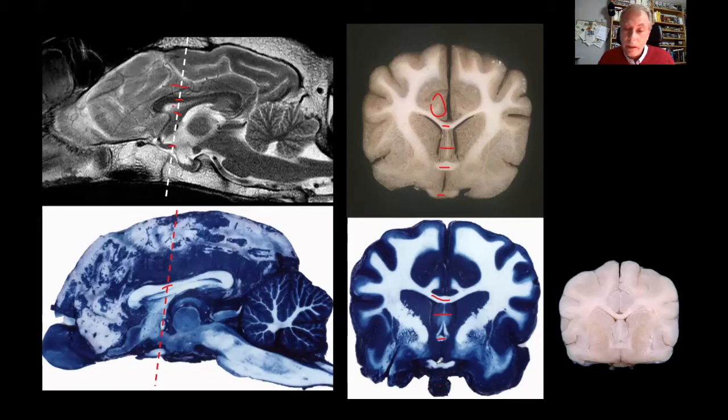It is interesting to see these structures here, these white lines. They are the columns of the fornix. The fornix is formed by associative fibers that come from the hippocampal formation. They run rostrally under the corpus callosum, and then they bend ventrally.